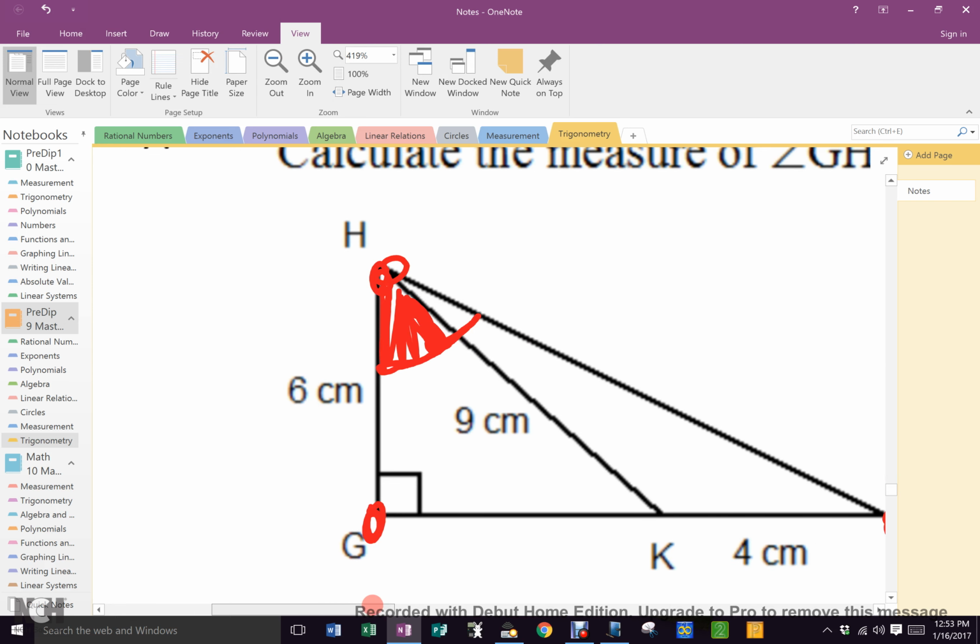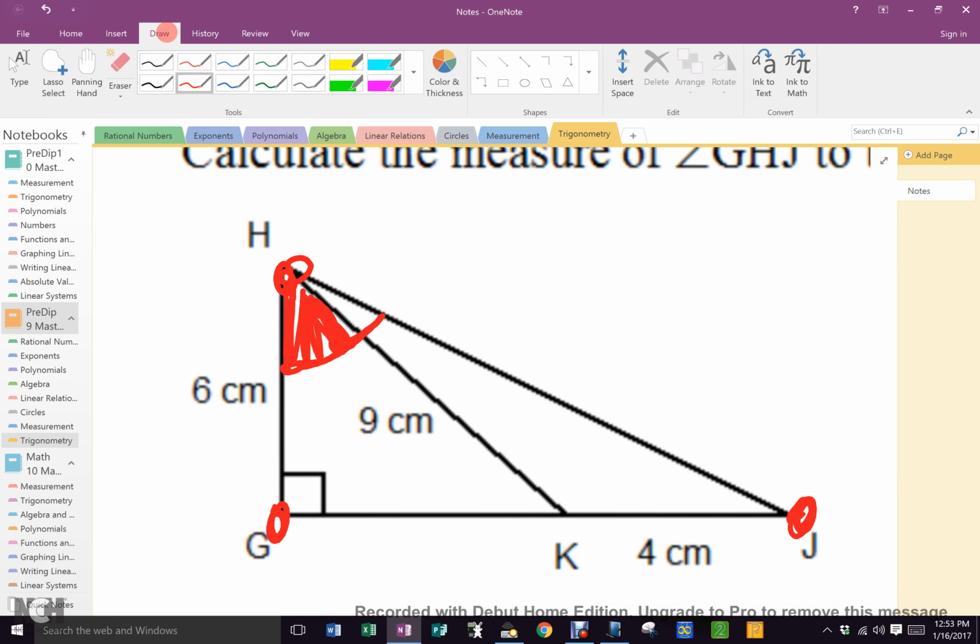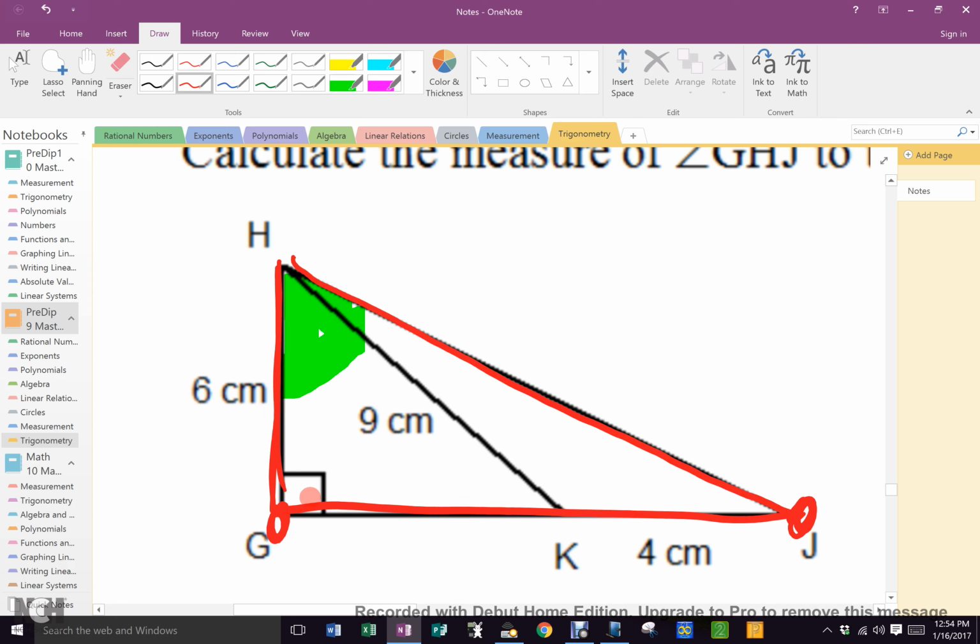If you're smart, you will notice it's the part that I've colored with the highlighter green. If you're smart, you will have noticed that it's one big triangle, right? So that should help.